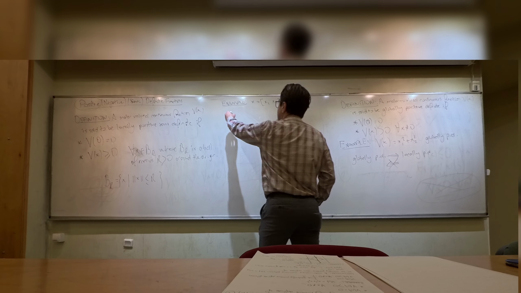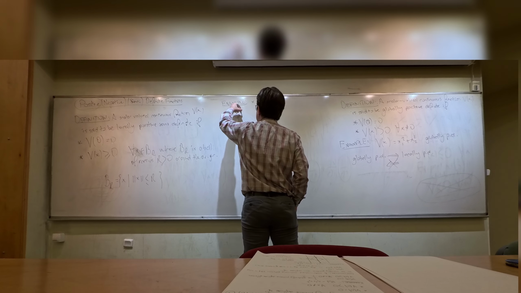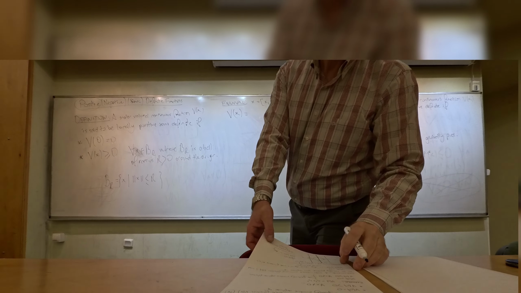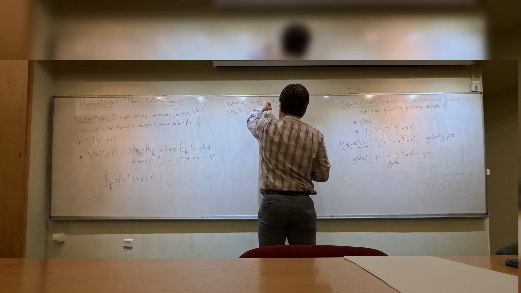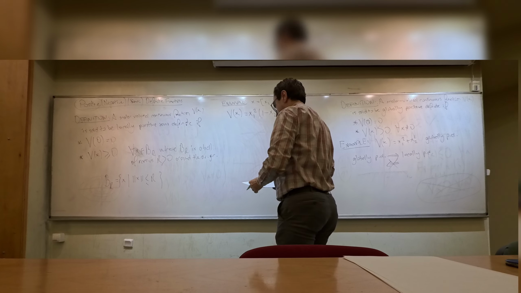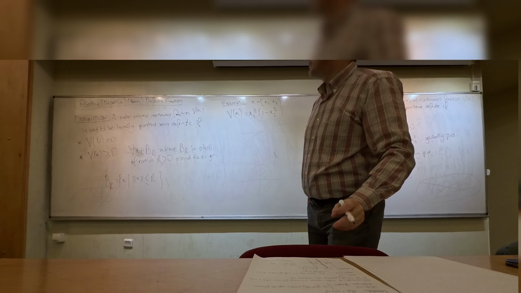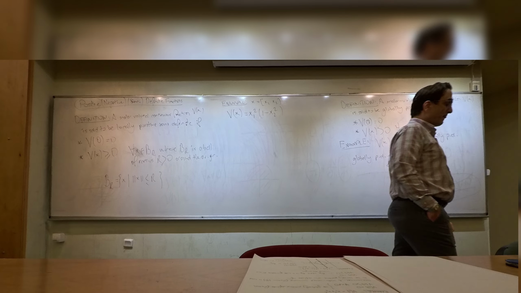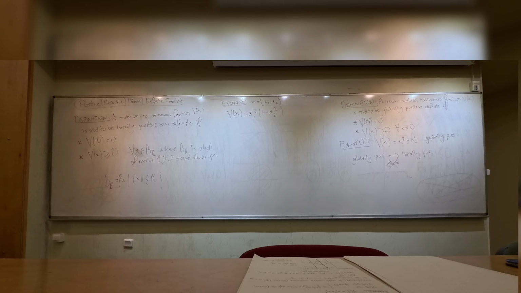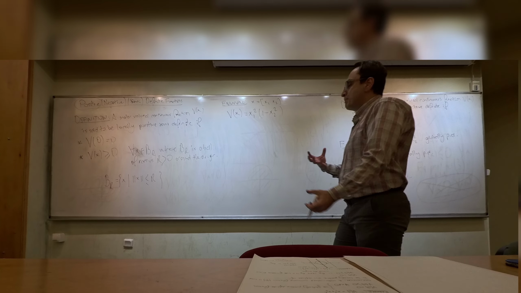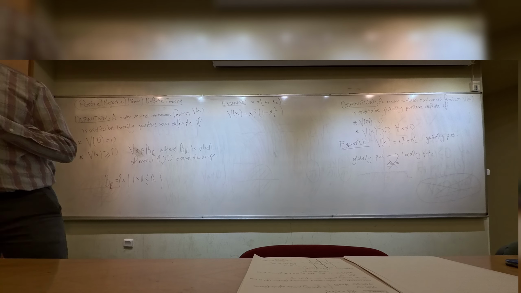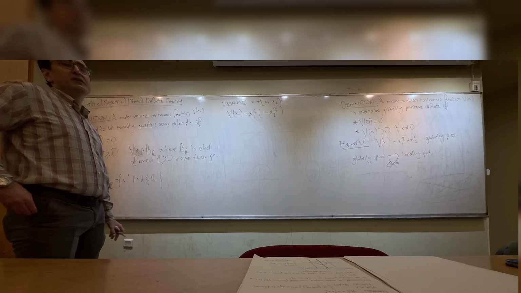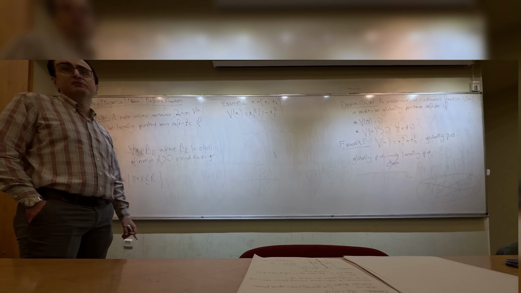So here I will write the following function: V of x is equal to x1 squared times (1 minus x2 squared). Now the question is, will we be able to find a ball around the origin such that the function always has non-negative values in that ball?